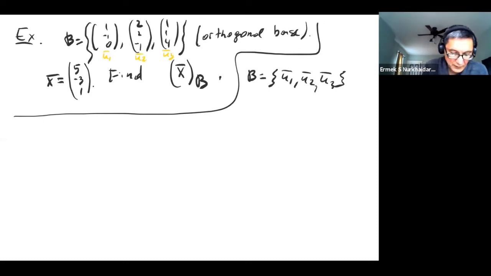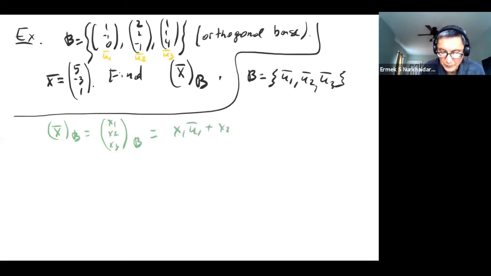Then we are looking for x in base B, which is going to have coordinates x1, x2, and x3 in base B. So it's going to be x1 times u1 plus x2 times u2 plus x3 times u3.